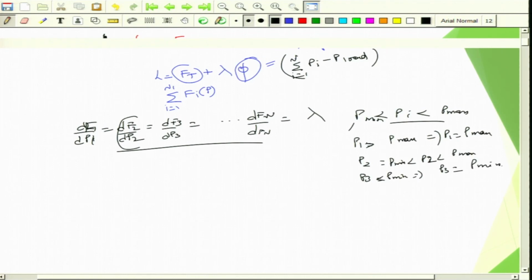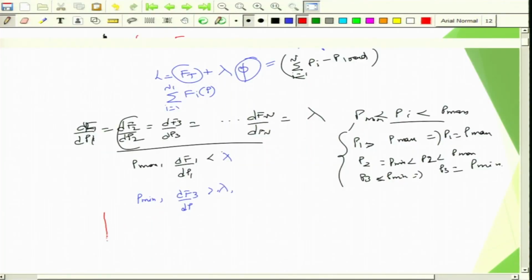One important thing we noticed is that if any generator is violating the limits, we should also check: if it is touching P maximum, its incremental fuel cost should be less than lambda. If it is touching P minimum, its incremental fuel cost is greater than lambda, and if it is within the limit, the incremental fuel cost should be equal to lambda.